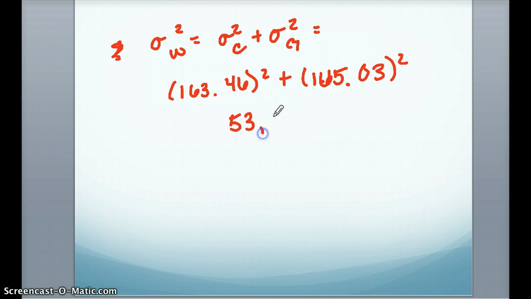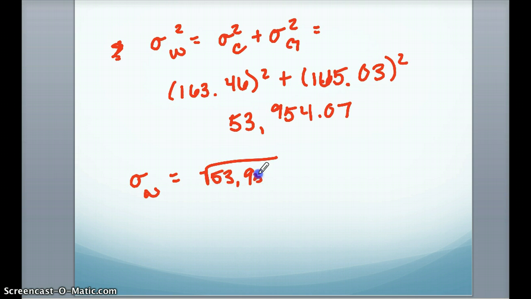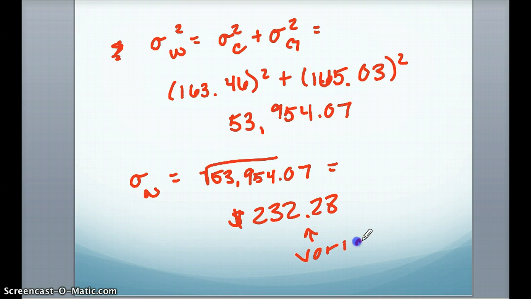It's going to give me 53,954.07. And then for my standard deviation, I'm going to take the square root of that, and that would be $232.28 for your variability. Okay, variability in the money that they both collect together.